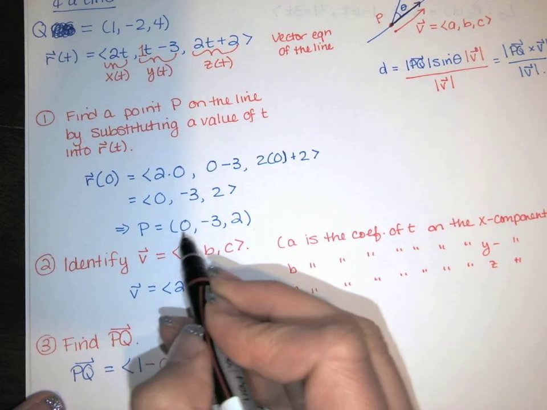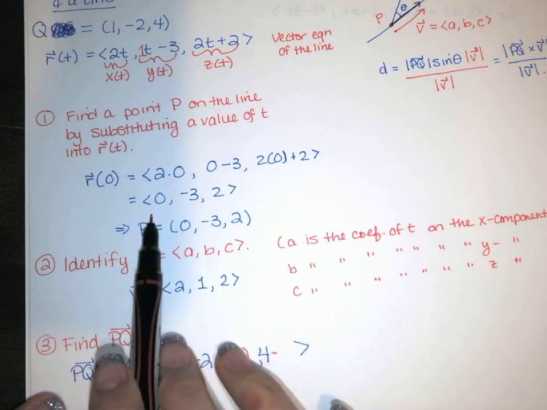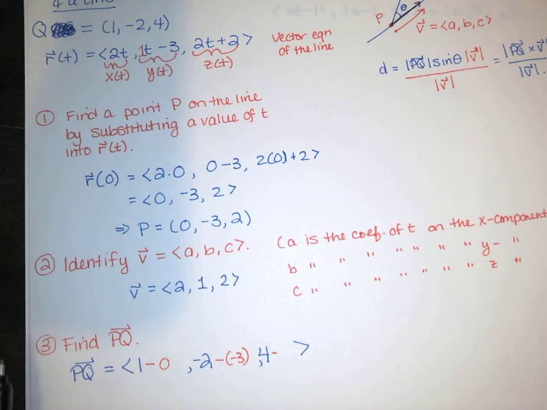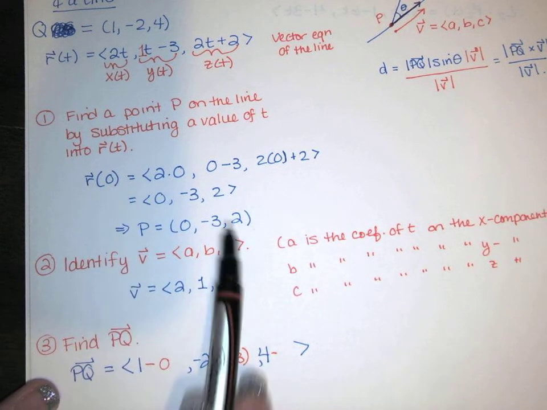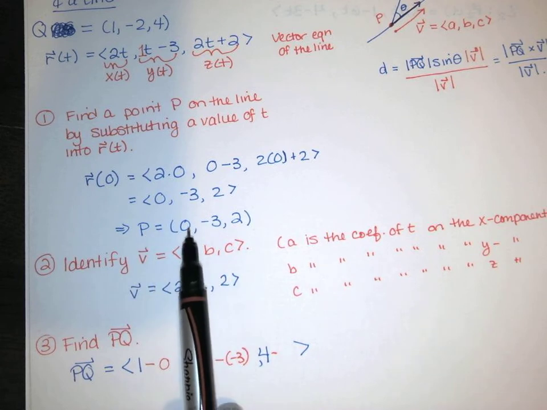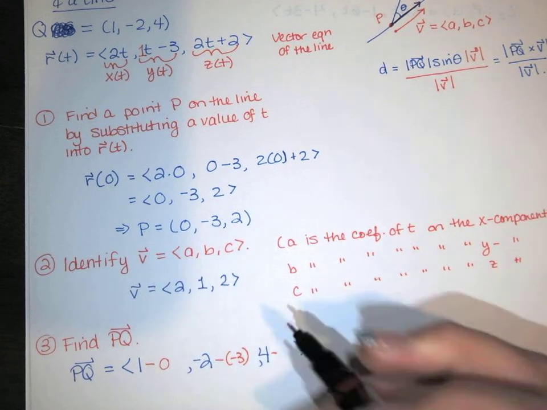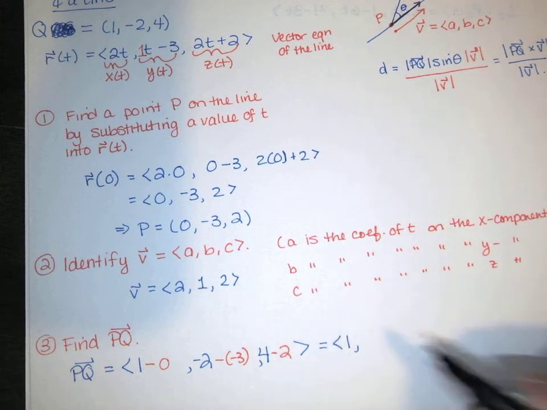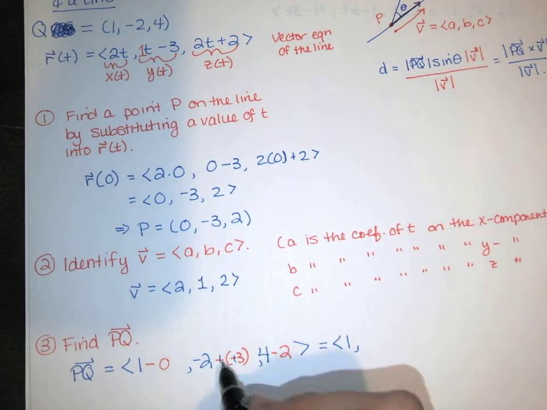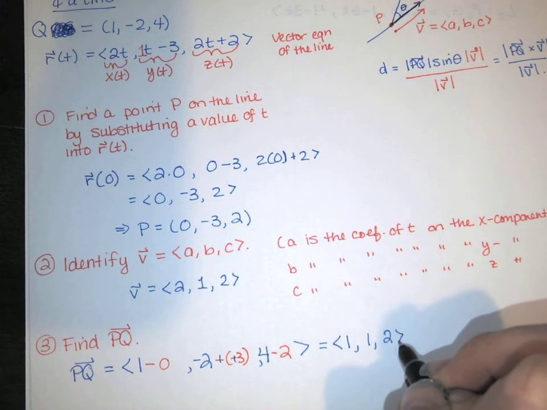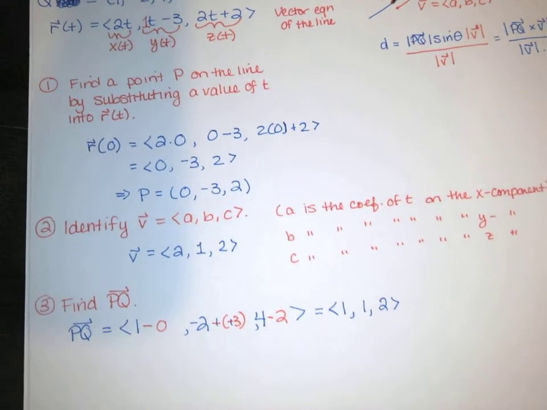Now, if you chose a different value of t, I chose t equals 0 and I got this P. If you choose t equals 1, you're going to get a different P. The math is still going to work out just fine. Any P you choose on that line, this is going to work. For this P, we've got coordinates 0, negative 3, and 2. So we subtract those. We get 1. We're subtracting a negative 3, so that's adding 3, so that's 1. And then that component is 2.